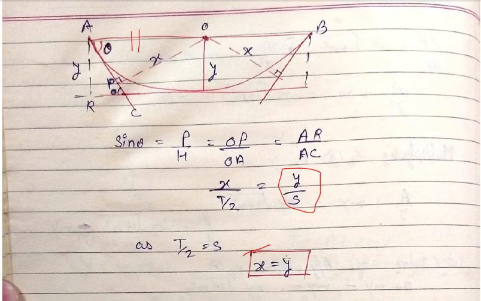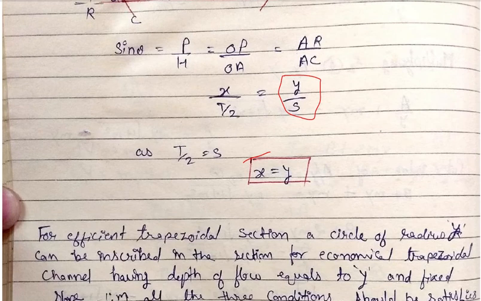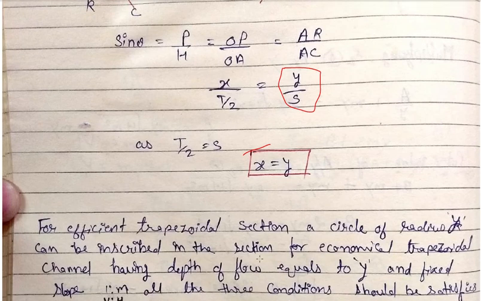So we can say for an efficient trapezoidal channel section, a circle of radius y shall be inscribed in the trapezoidal section.